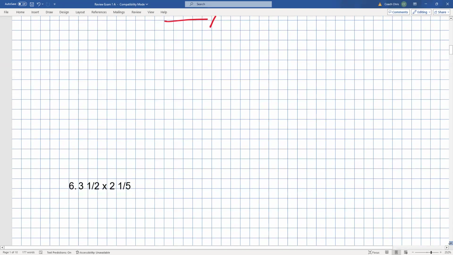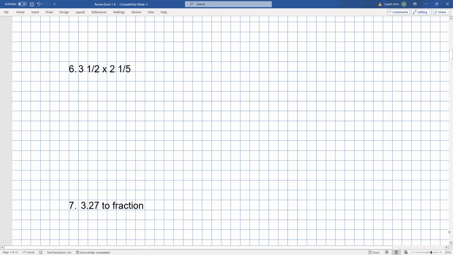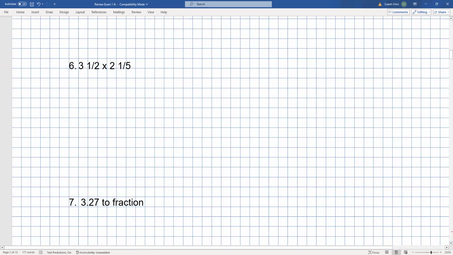Let's keep going down. This one is a multiplication of mixed numbers. What you have to do is convert these to improper fractions first. Once you do that, then you can go ahead and multiply. Now, we're going to convert the first one, which is 3 1/2. How do you do that?